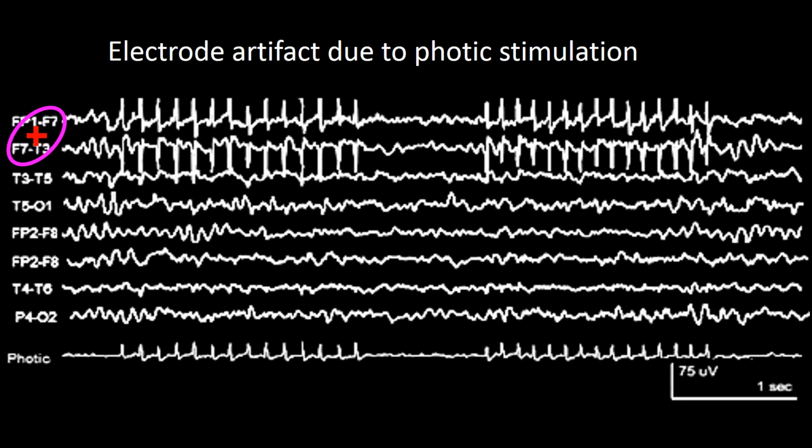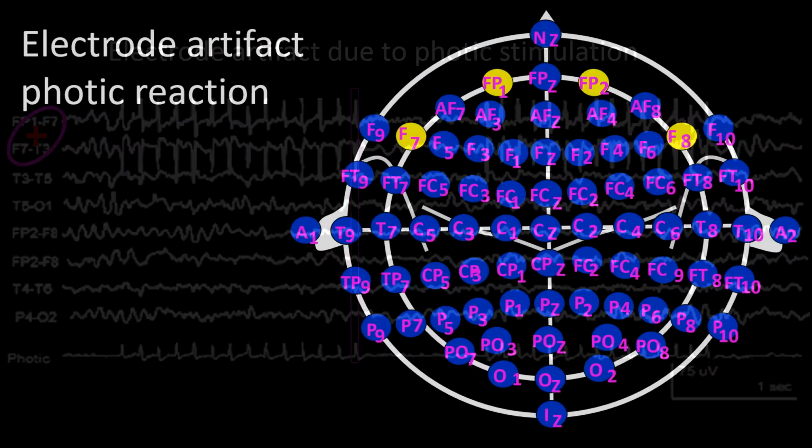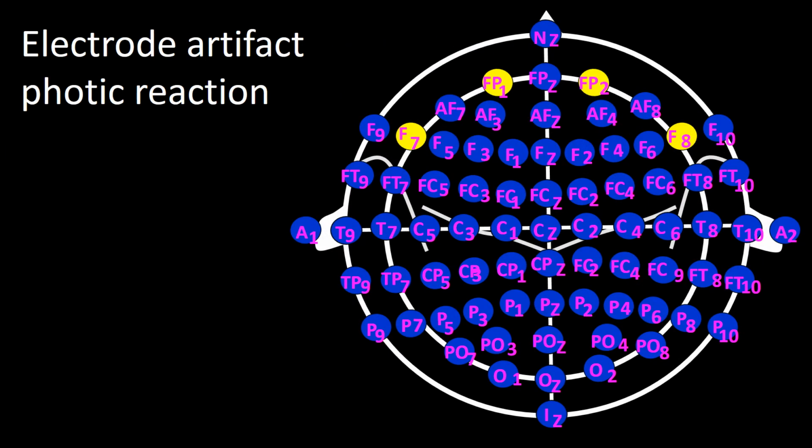This artifact is positive, and it is time locked to the photic stimulation. As you can recall, F7 is one of the electrodes that we use to determine eye movement direction. And it is in this case from F7, that is from a single electrode in the frontal region, from which the activity is occurring.